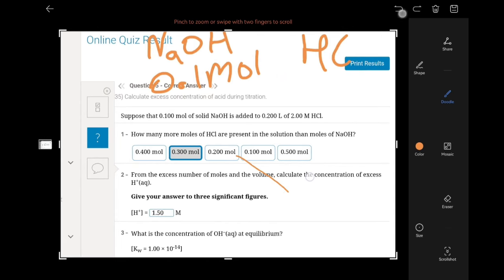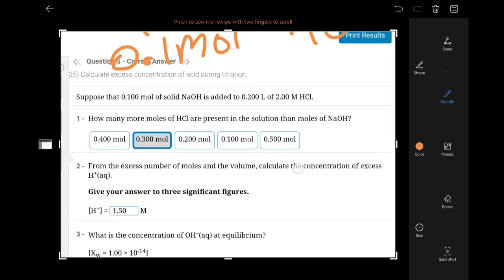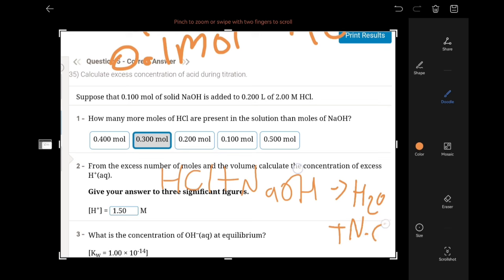And then, okay, from the excess number of moles and the volume, calculate the concentration of excess. Imagine they're cancelling out. You're trying to neutralize it. So HCl plus NaOH gives H2O plus NaCl. You're trying to cancel them out, so it's kind of like negative and positive. Because let's say you have -3, for example, and 1.